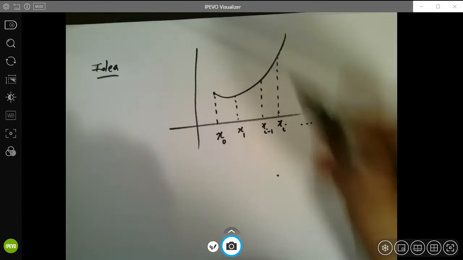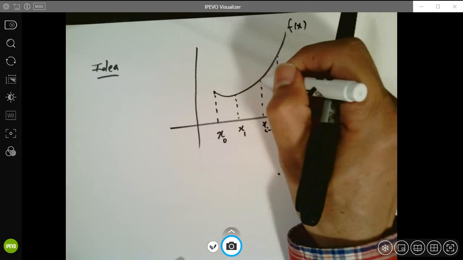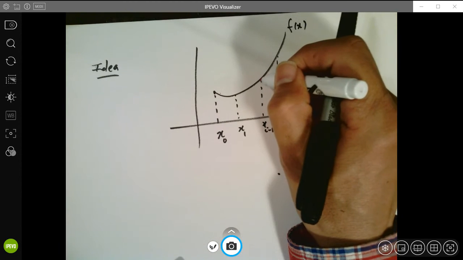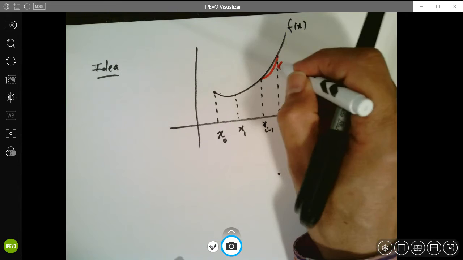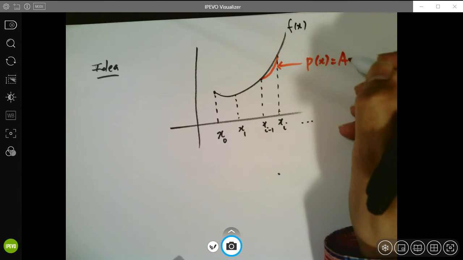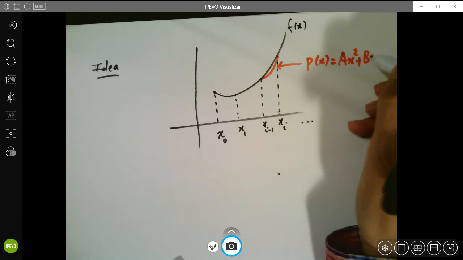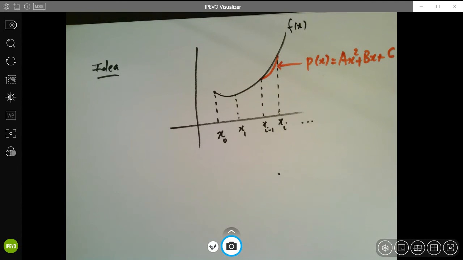So here this is f of x, okay? And now over this interval, I'm going to use an approximation with a polynomial of degree 2.